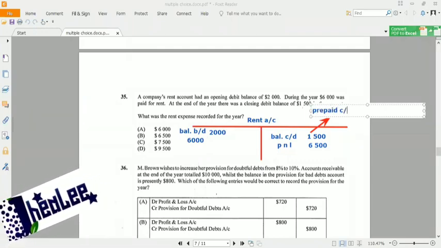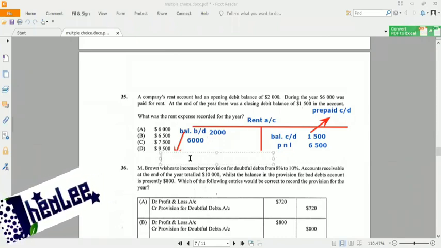Because when you put in your brought down, it will be on the debit side, and that would be an asset for the business. This balance brought down at the beginning would be prepaid brought down. That would be the opening balance, prepaid brought down.